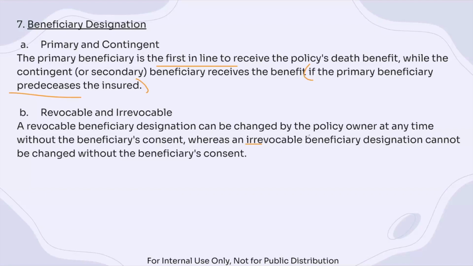So we have primary and contingent, but we can also look at it from a revocable versus irrevocable perspective. Primary versus contingent is about knowing who receives the benefit first, while this other one is about whether the beneficiary can be changed or not. I just want you to think about that when you're studying these terms, if they're new to you.